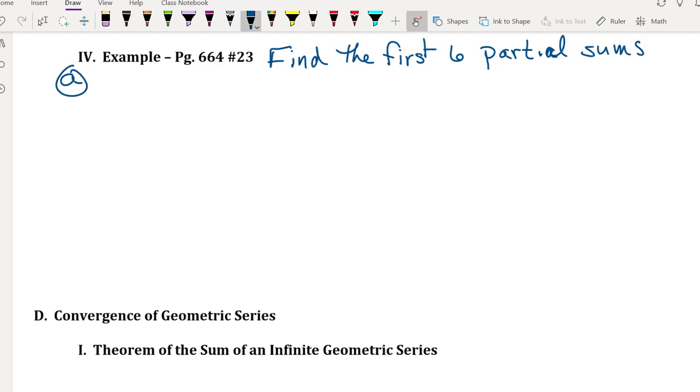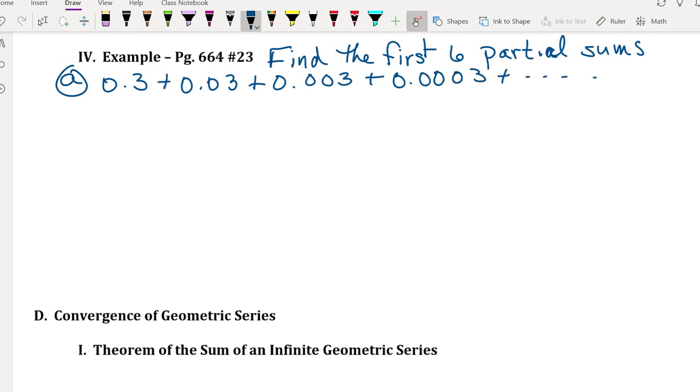For part A, here's what we're given as our series: 0.3, then 0.03, then 0.003, and then 0.0003, and so on.